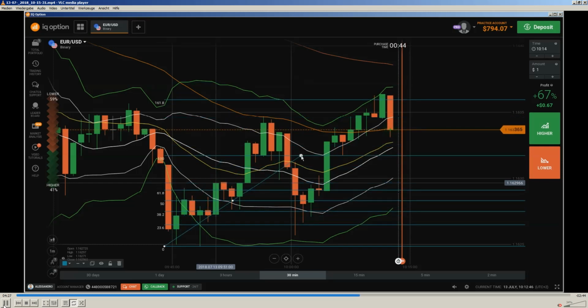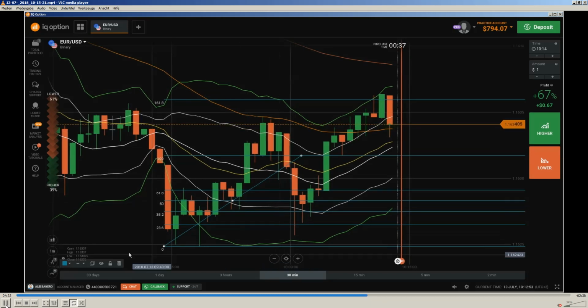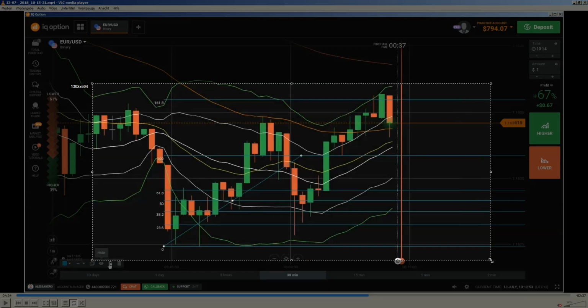I was searching for some kind of fit. I understood that here at the 100 level we got a lot of support, a break through, another break through, and here again support, so the 161 fitted closely to this swing.